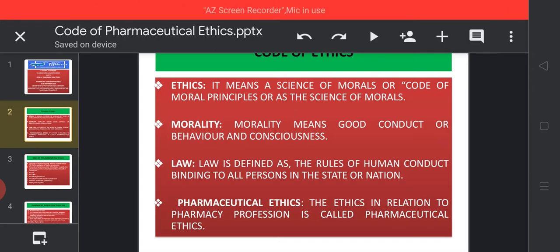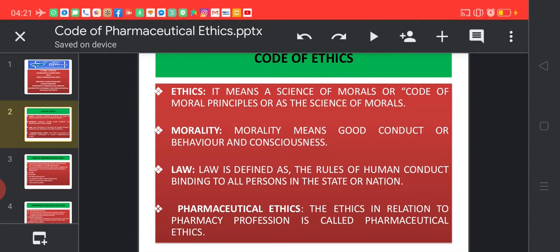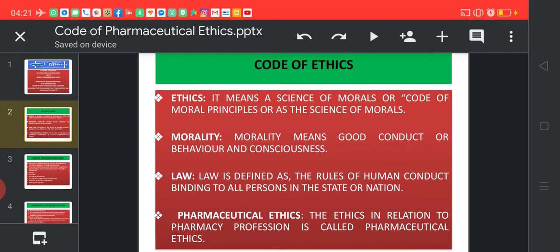So, जब आपसे कोई पूछता है what do you mean by pharmaceutical ethics, तो definitely आप बोल सकते हैं, ethics which is in relation to the pharmacy professions is called pharmaceutical ethics.